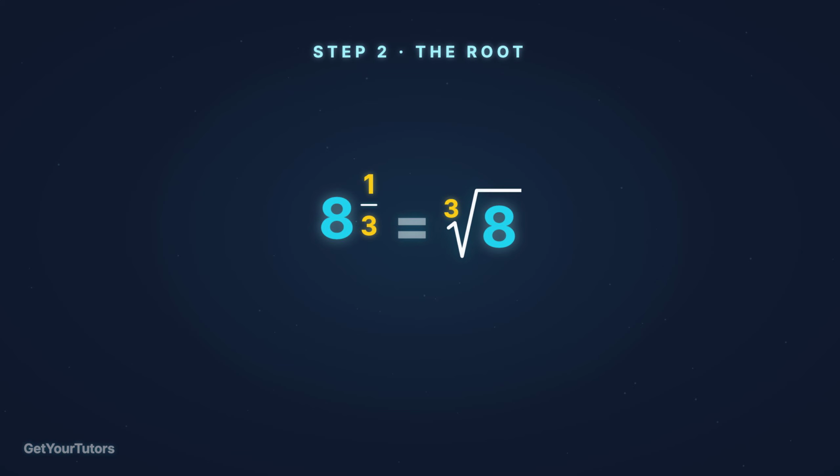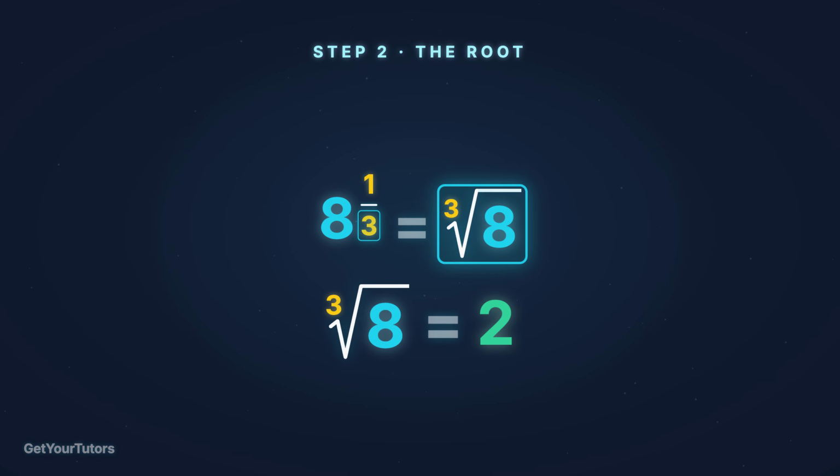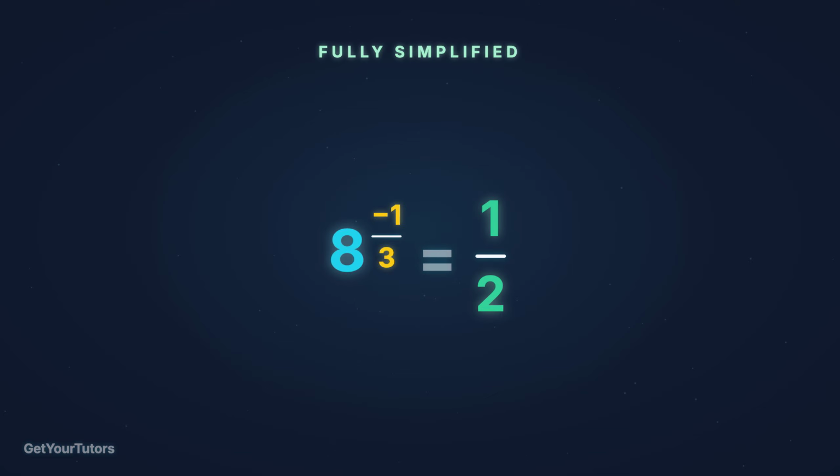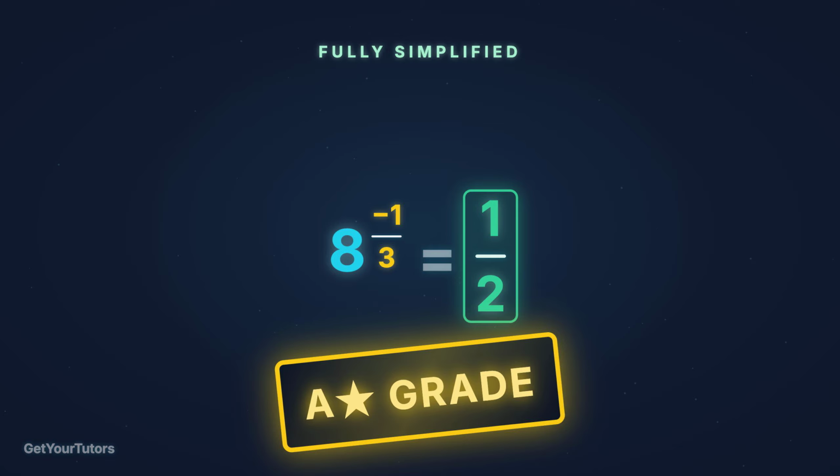Now, handle the fraction. A power of 1/3 means the cube root. The cube root of 8 is exactly equal to 2. The final fully simplified answer is 1/2. You have successfully solved a massive A-star level exam question.